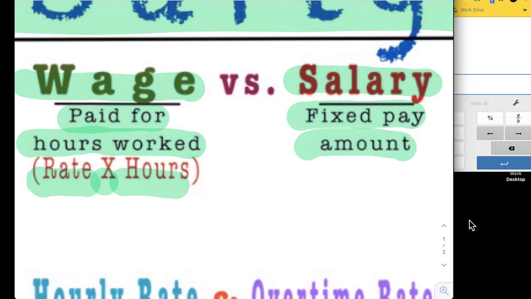Somebody that works at a supermarket or a Starbucks has a wage, right? The amount they get paid depends on how many hours worked. Salary, like for example athletes, right? Some athletes work more hours one day than they do the next. They have an off season, right? But they get the same amount of money every year, right?